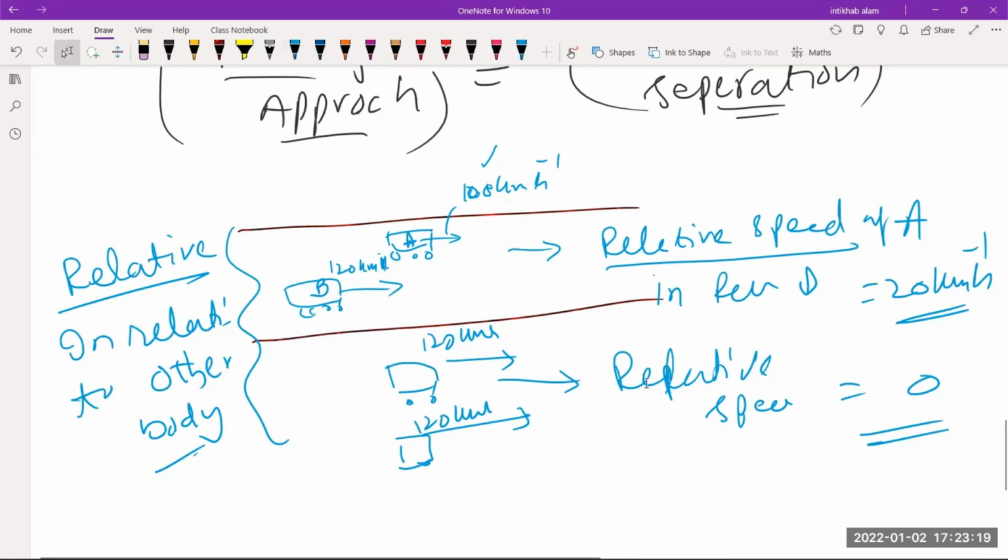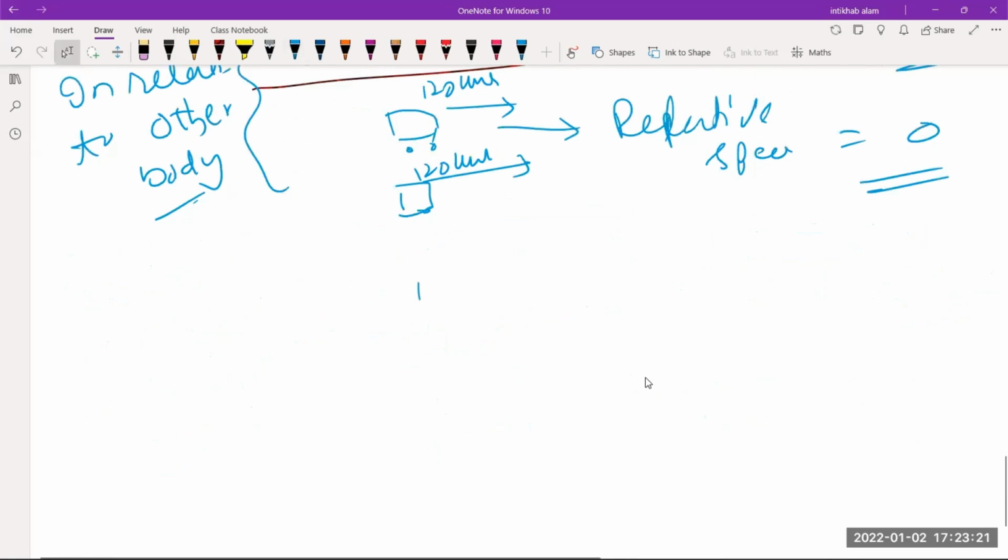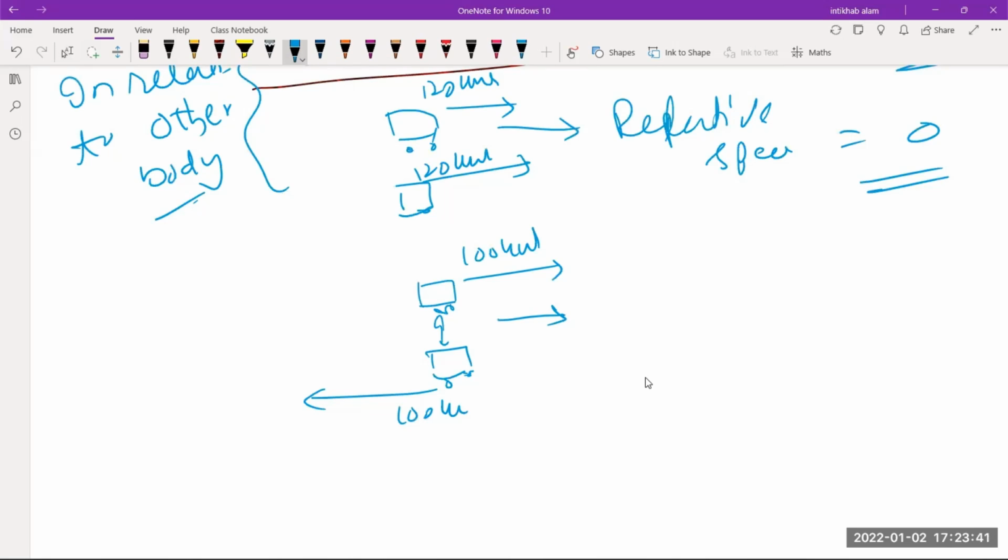Similarly, if the two bodies are going in opposite directions, one car is going in this direction and there is another car on the highway going in this direction, and you are going at 100 kilometers per hour, and this vehicle is also going at 100 kilometers per hour, then at the time of crossing, it crosses you in a very short interval of time. It seems that your speed is doubled.